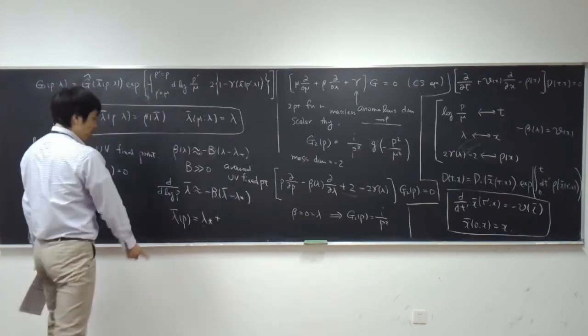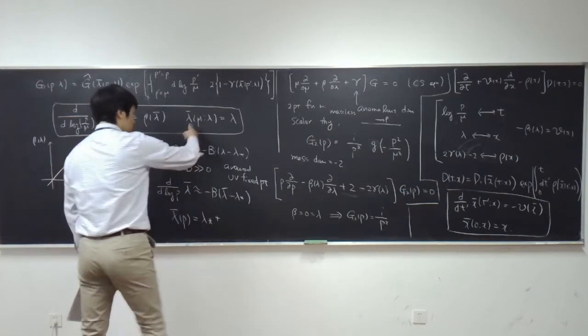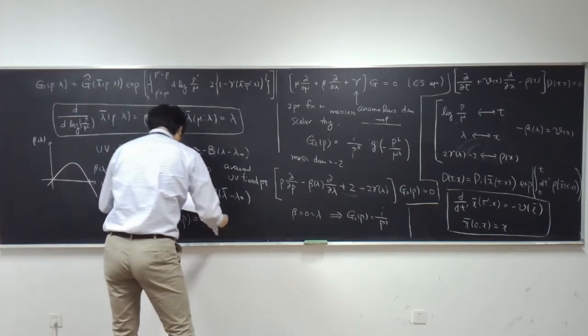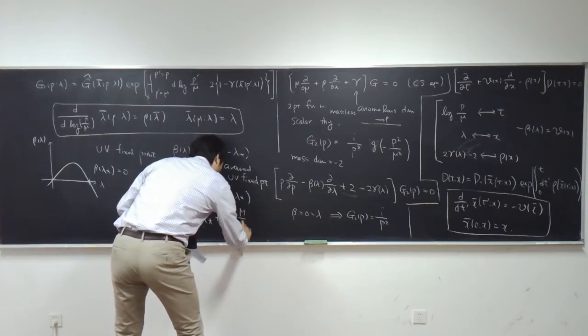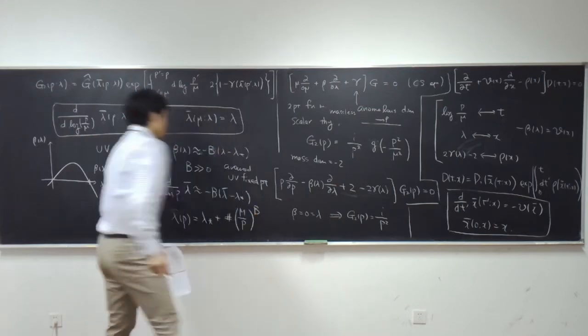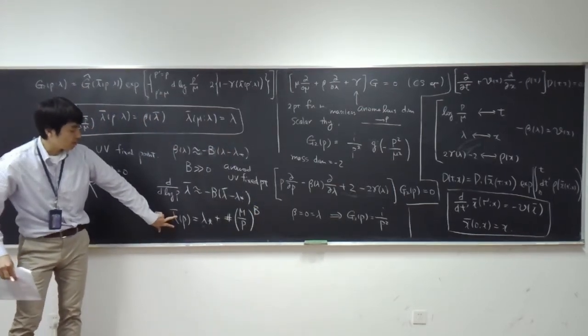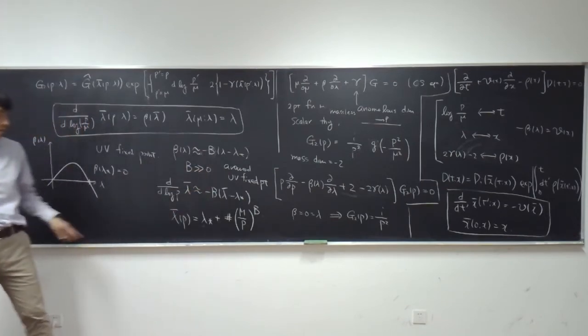So lambda star, this is the condition at mu. When p is equal to mu, you get lambda star. That's the condition we want to impose, so that it's some constant times (mu over p) to the B. Once you plug this solution into here, you can check this satisfies the equation.